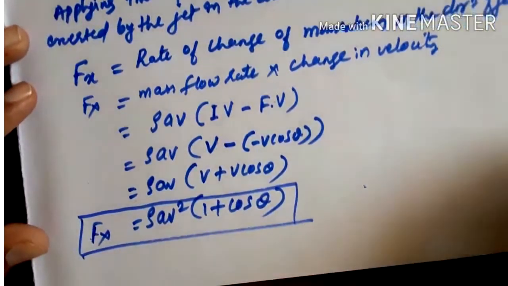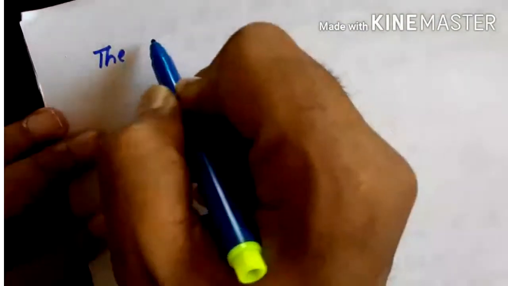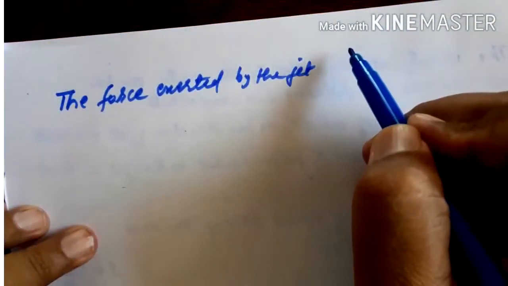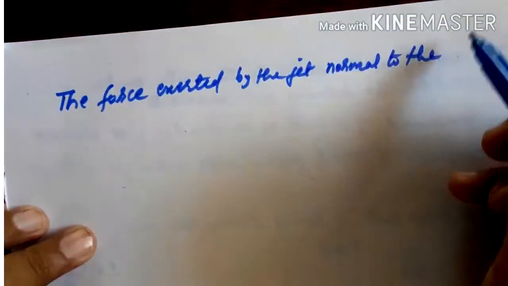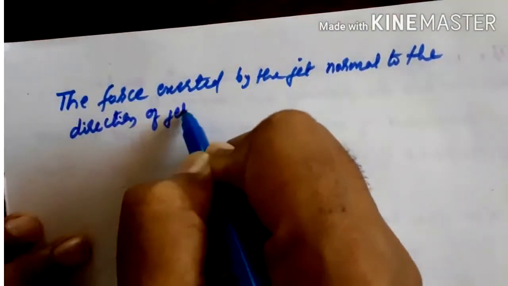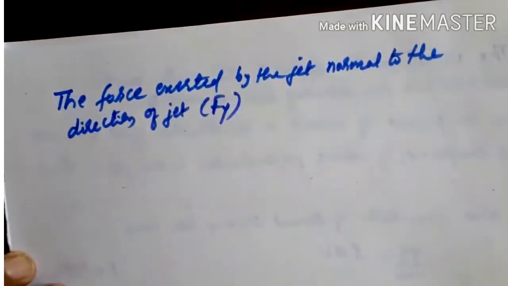This is the equation. Then the second one: the force exerted by the jet normal to the direction of the jet, that is, we want the force Fy.